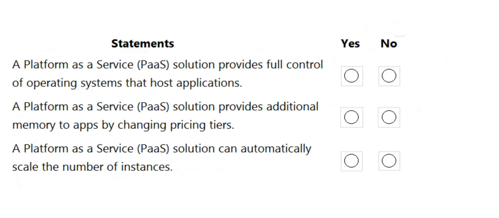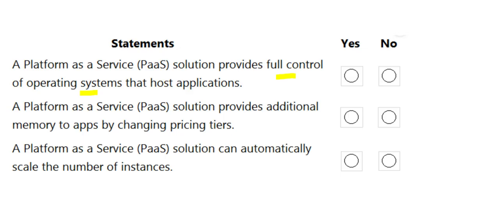A platform as a service provides full control of operating system. No, see, full control of operating system, IaaS, infrastructure as a service will provide. You don't know what operating system you have.